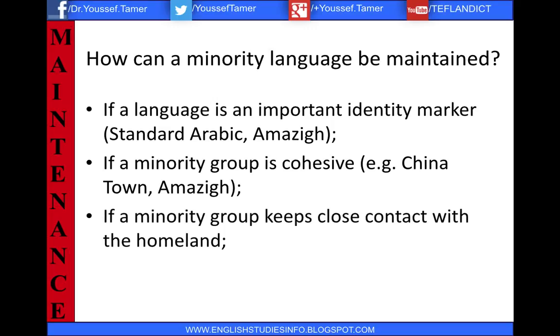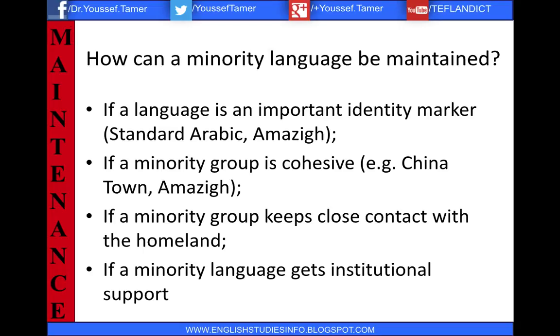If a minority group keeps close contact with the homeland, like the Moroccans abroad, even in the third generation, because they still come every time to Morocco, and because they keep close contact with the homeland, they have maintained their language. There isn't shift.